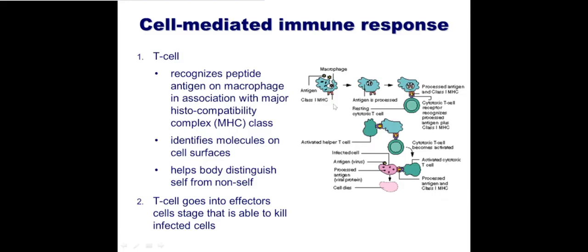First, macrophages having class 1 MHC recognize antigen peptide. Is this self or non-self? If non-self, the processing will take place. They break down the polypeptides of the antigens. The processed antigen is recognized by TC cells.